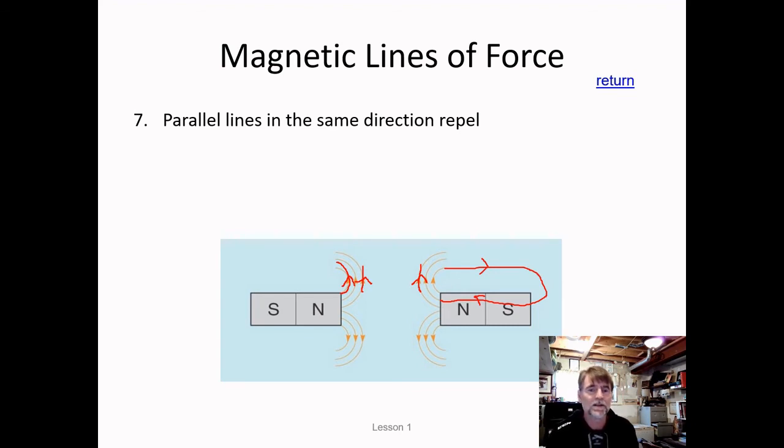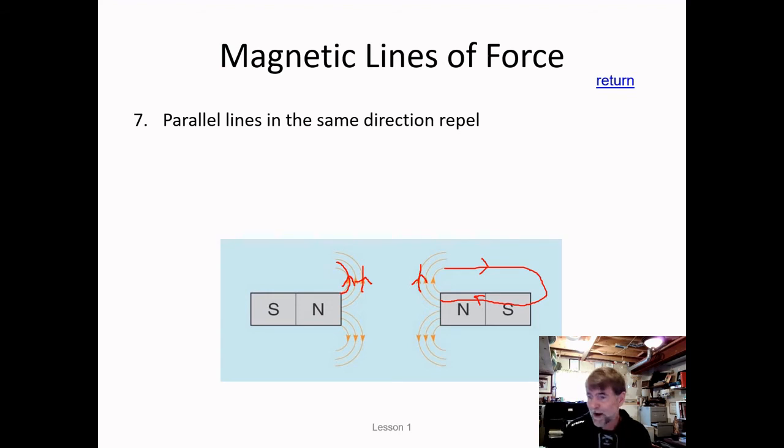And that is the reason that the lines of flux create a cloud. They're all pushing against one another, and so they're all spreading out evenly, and that's why we get that nice uniform cloud around the magnet, because all of those parallel lines in the same direction are repelling against one another. Okay, so there's a few different things that are explained by this very simple rule.